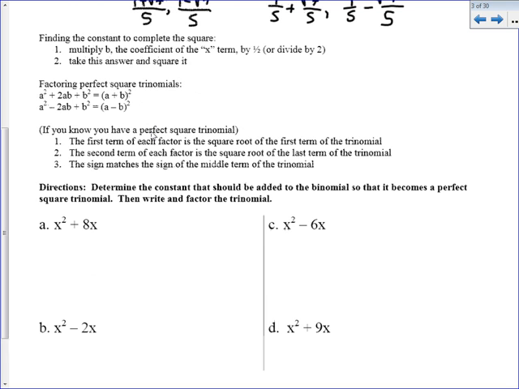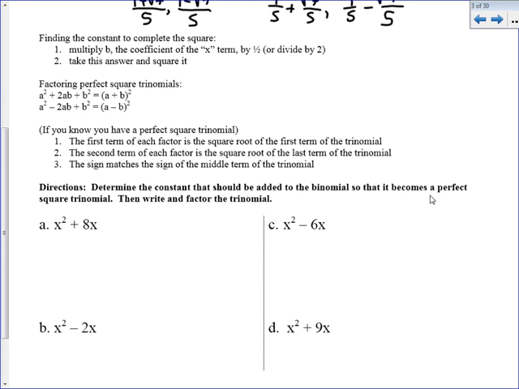So what we're going to do now is we're going to complete the square. And what completing the square means, it says, determine the constant that should be added to the binomial so that it becomes a perfect square trinomial.